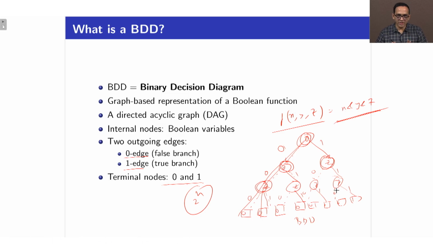In an ordered BDD, you consider a specific order. If x, y, z is the order, in all paths you should follow this, which is not the case here. So in an ordered BDD, the only change we are making from the normal BDD definition is that you maintain the variable order in all paths.